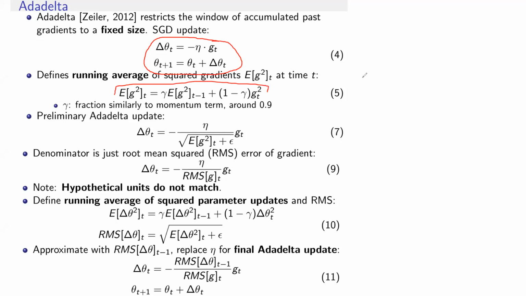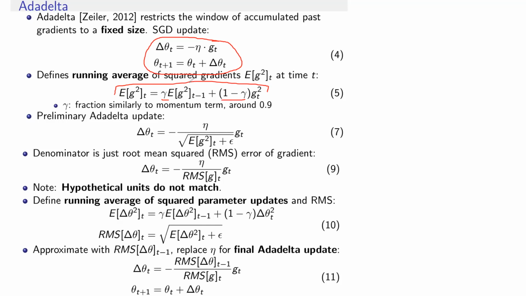Here this big G_t is different, so the new value depends on the previous values and the new value of the gradient, and we take the weighted average where gamma is the weight. So we don't forget about the previous values.